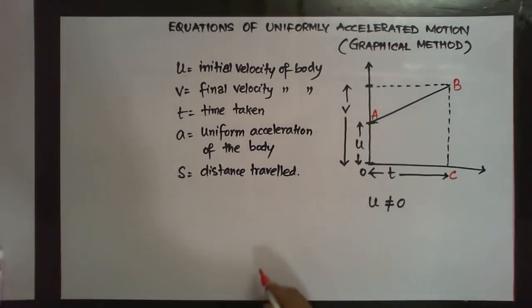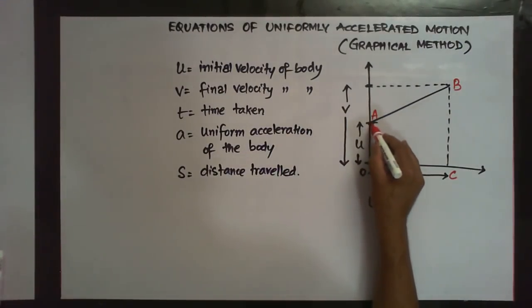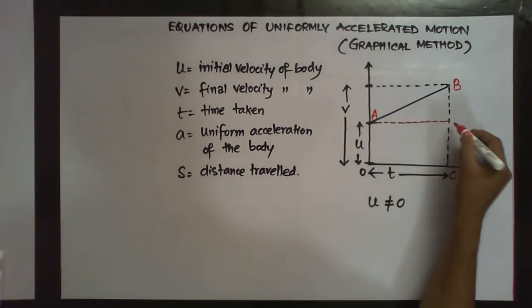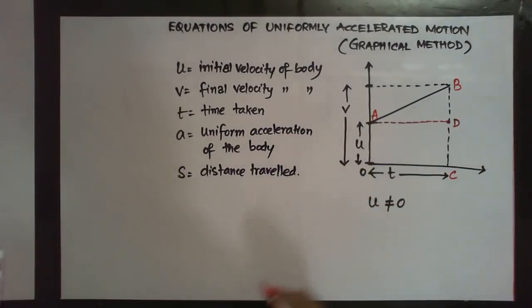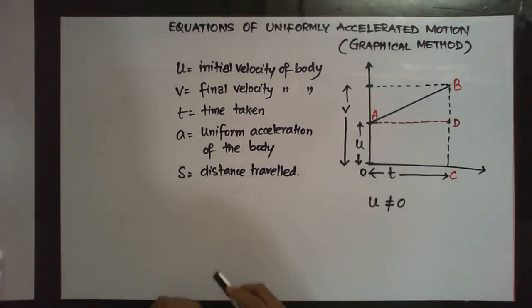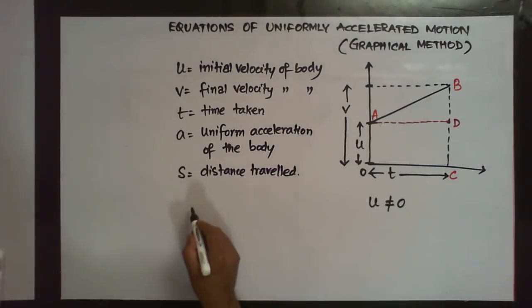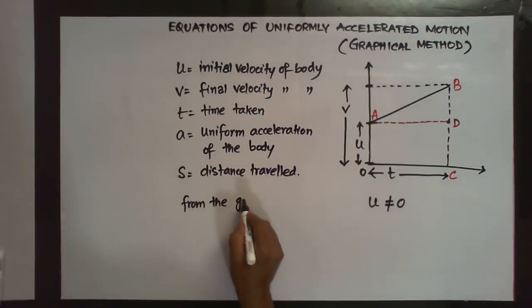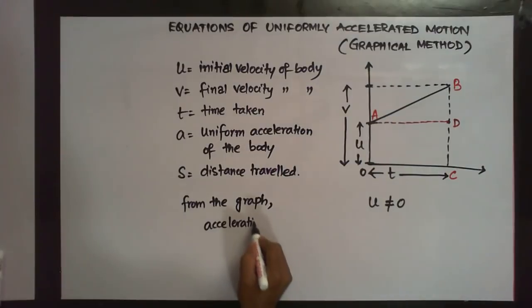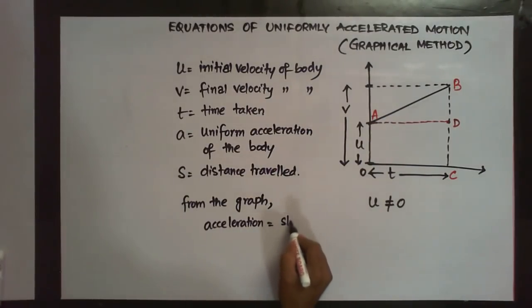From this graph, we can find out the acceleration. How to find out the acceleration? From this point A, we can draw a line here. Let us say this is point D. So from the graph, acceleration is equal to slope of VT graph.